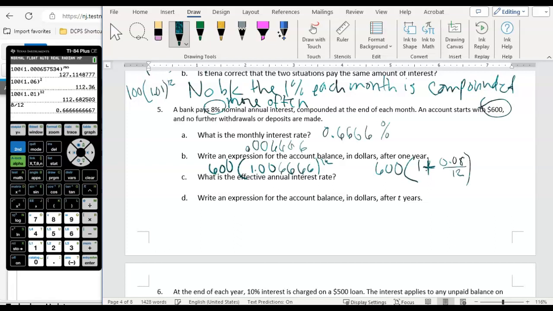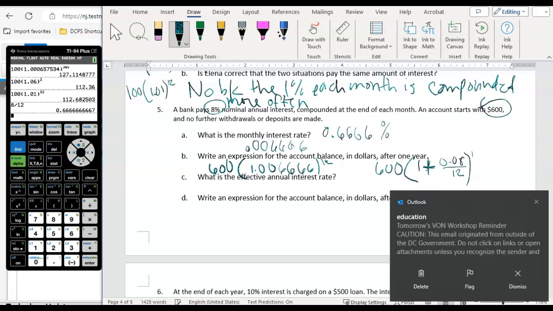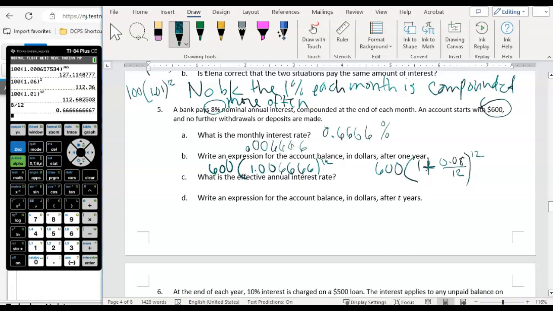That's that 8% divided by 12. That's what you did up here, right? 8 divided by 12. So these are equivalent expressions, but if you put this in the calculator, you're going to get a more precise answer than you will with this one, just because those 6s will continue forever and we stopped.